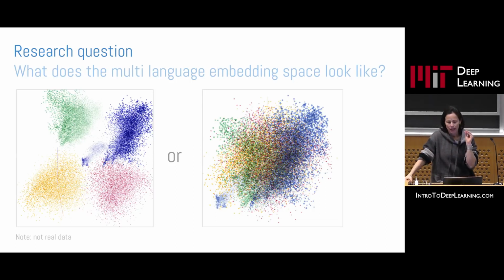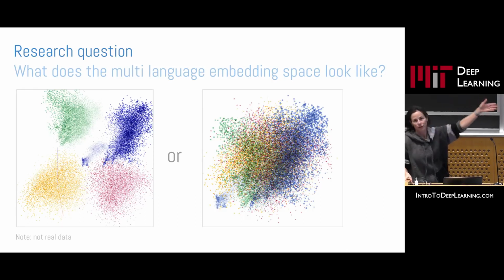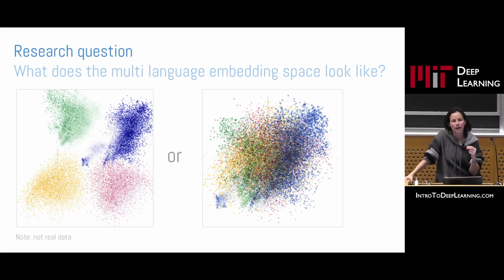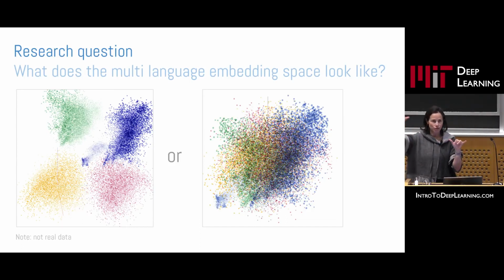And so why does this matter? Why does it matter if it's one way or another way? It matters because if the system was mixing up the different languages in the same high-dimensional space, it had a very specific implication, which meant the system didn't care as much that one string said, for instance, home, and another string said casa.